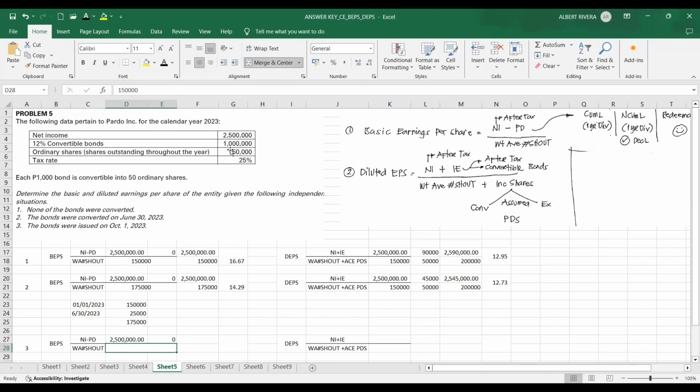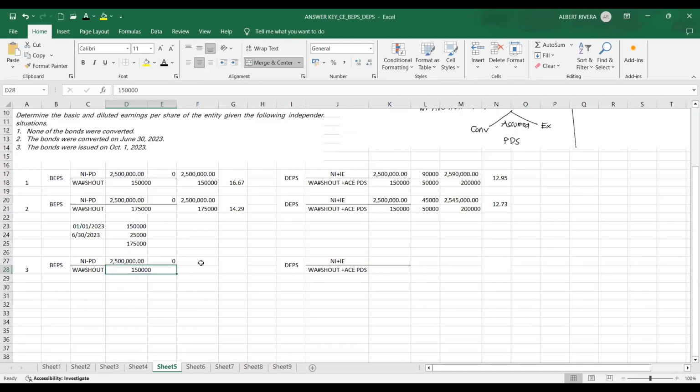The bonds were just issued October 1, so there is no effect. Why? Because that would not increase the number of shares because it was not actually converted. So your denominator here would still be 150,000.